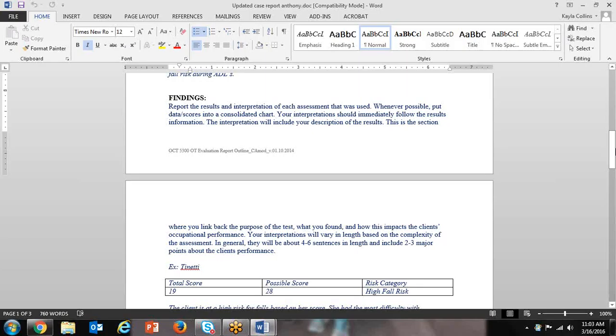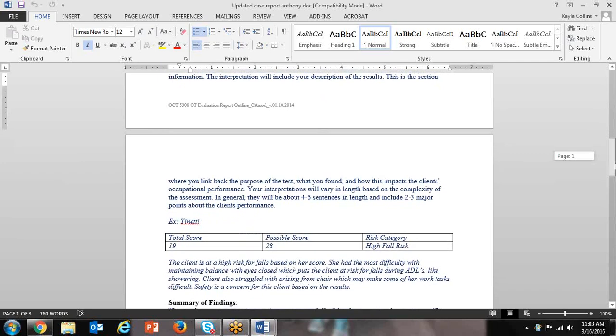Now, I have provided you with the tables for all of the pediatric assessments done for Anthony, so you don't have to spend your time creating tables and transferring numbers. In the final culminating case, you're going to have to make up your own tables, but to save you time, I've provided the tables in a Word document with the rest of the assessment results. So you should be able to just copy and paste those tables into your findings section and then write your interpretation for those.